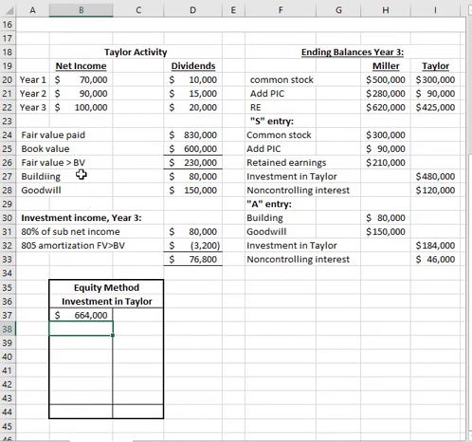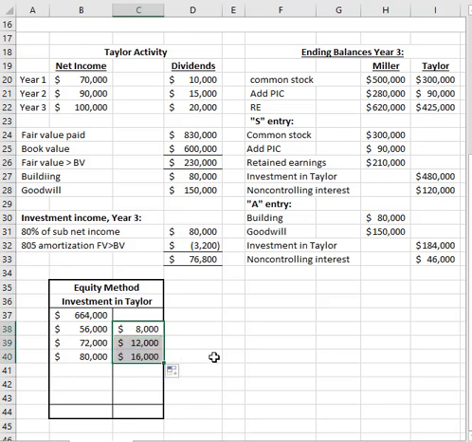And then for each of the 3 years, we would record their 80% share of net income. And we would reduce it by 80% of the dividends. So let's do that. I'm just copying down the formula, but that's 80% of 10, 80% of 15, and 80% of the 20. Same thing here, 80% of the 70, 80% of the 90, 80% of the 100,000.